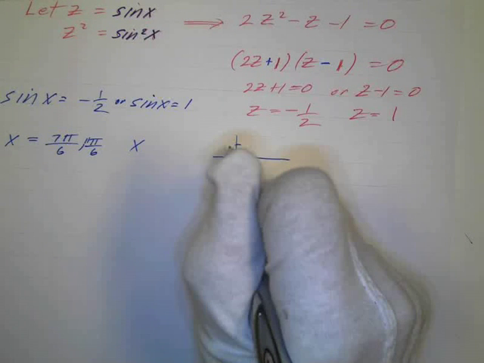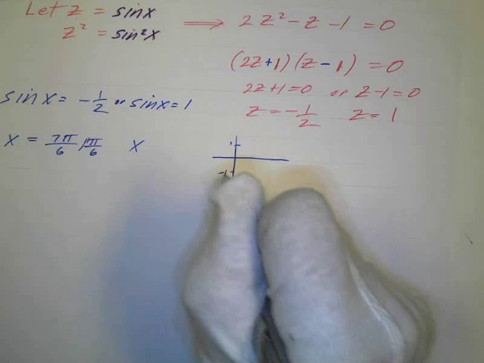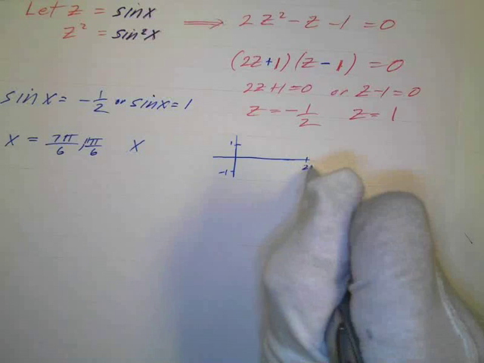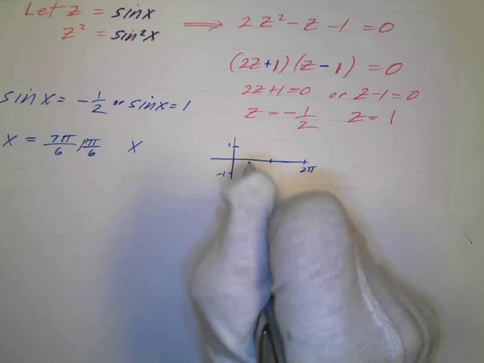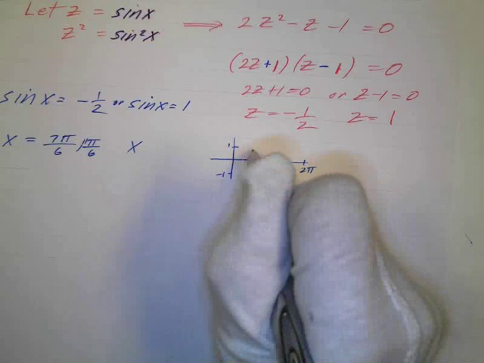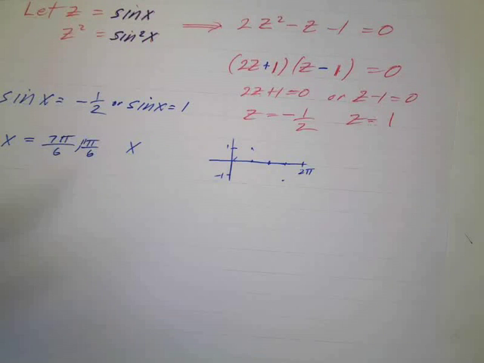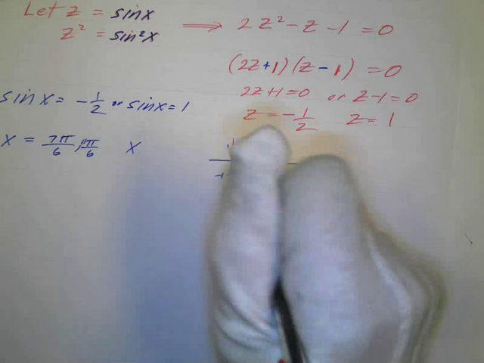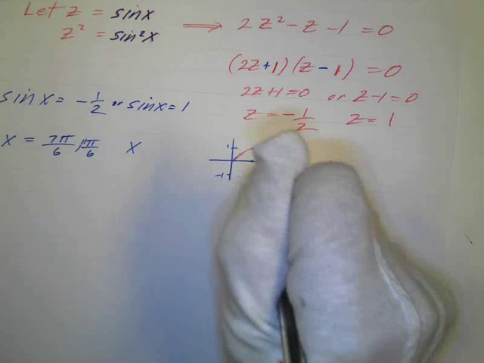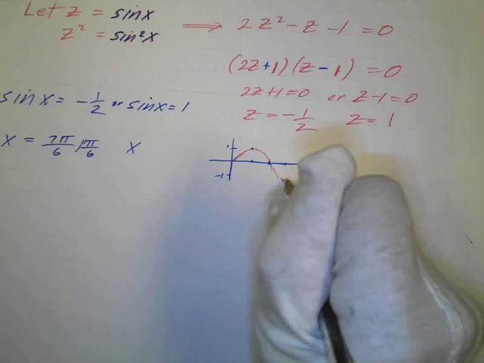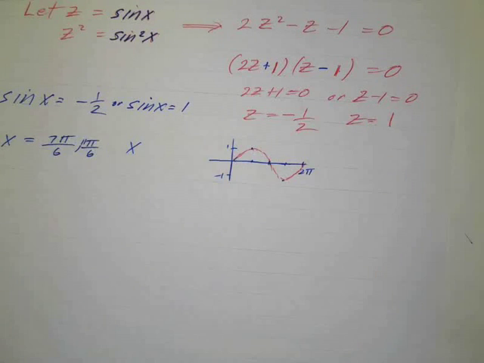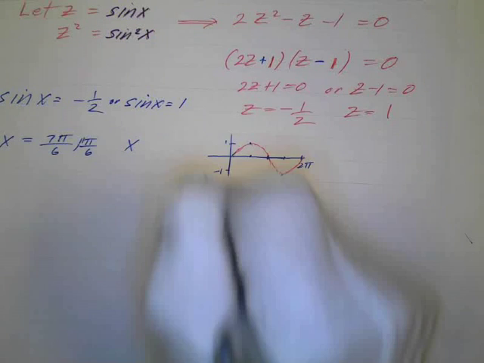On this sine curve, this is 1, this is negative 1, this is 2 pi, and that's pi over 2. The sine curve goes like this. You should know where your sine curve is. This is the way I do it; you can use a unit circle also, but this makes it a lot easier.